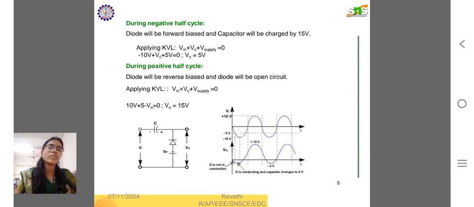Applying KVL, the sum of the input voltage, capacitor voltage and supply voltage is 15 volt. So the gain is larger in the positive half cycle, because of the reverse biased characteristics. The shift will be from the positive half cycle to the maximum peak voltage of 15 volt.